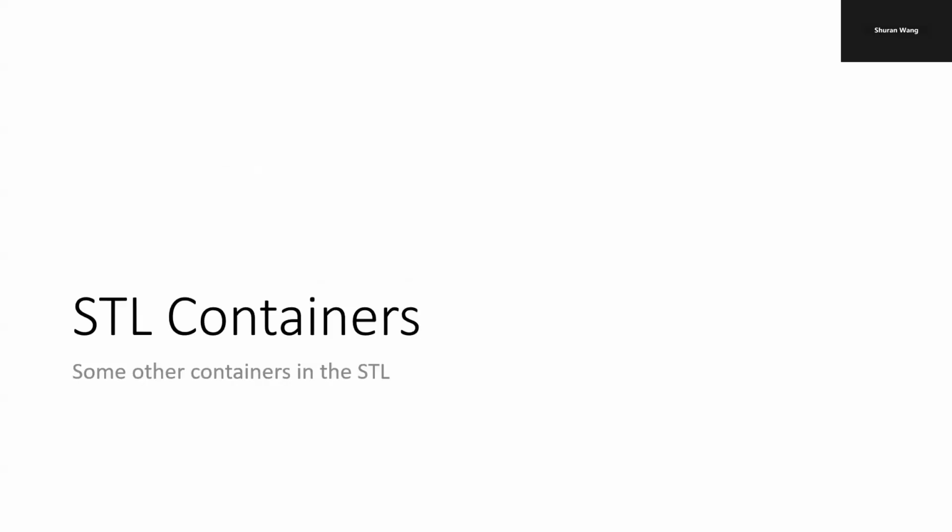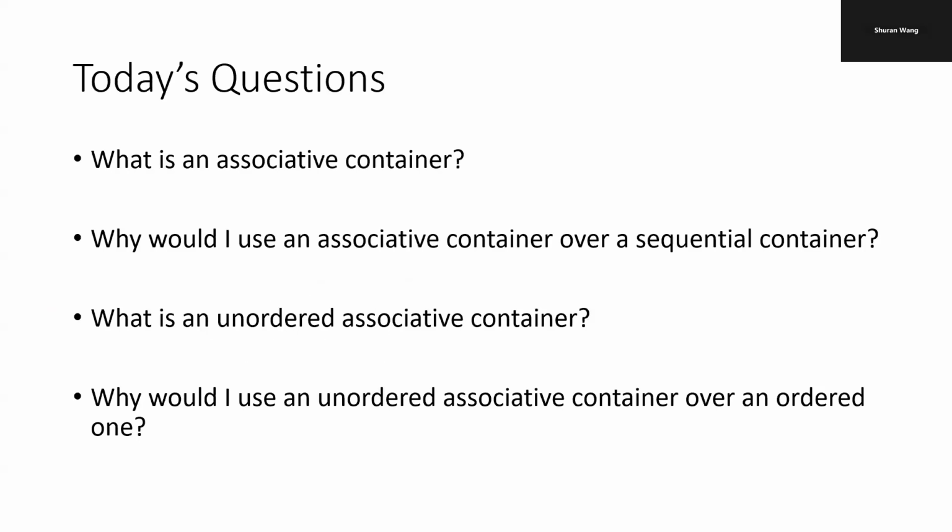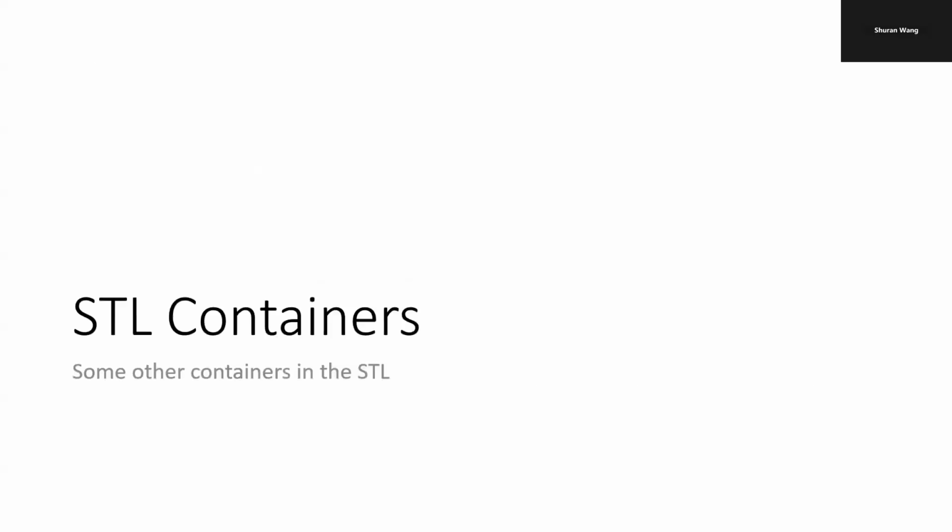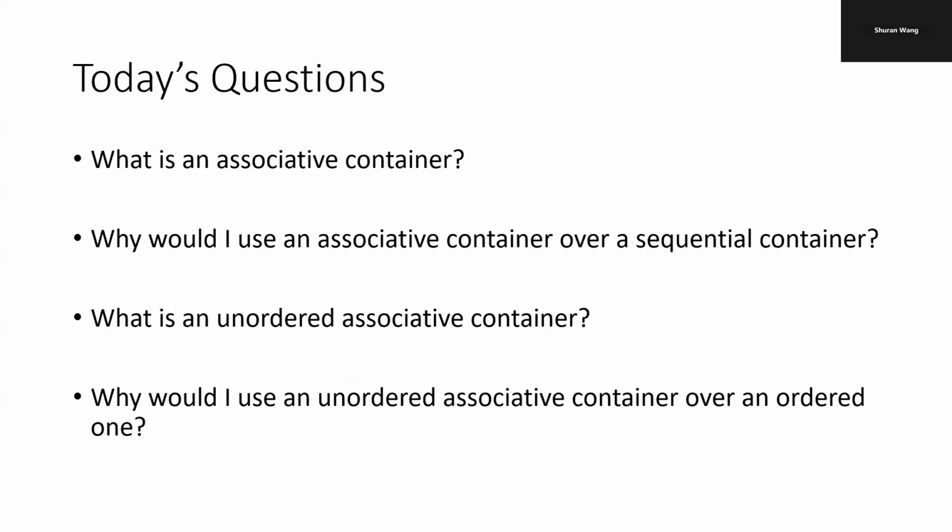STL containers. You shouldn't be too foreign to this concept because we've been talking about STL containers all along. Vectors are STL containers, lists are STL containers. And now we're introducing associative containers.